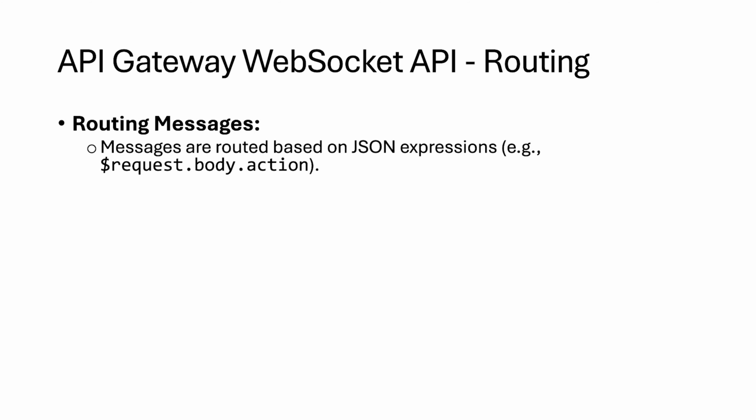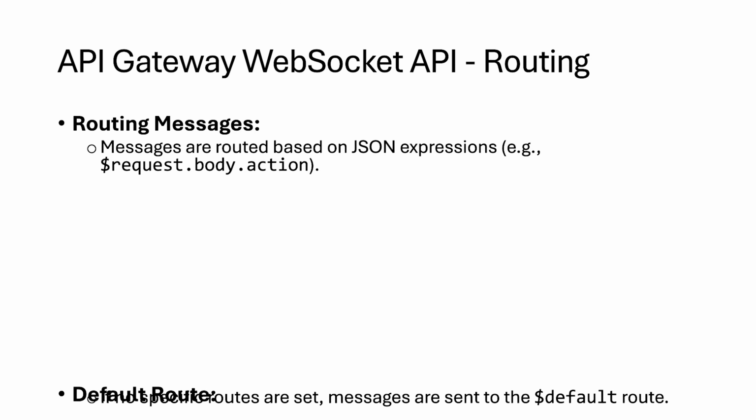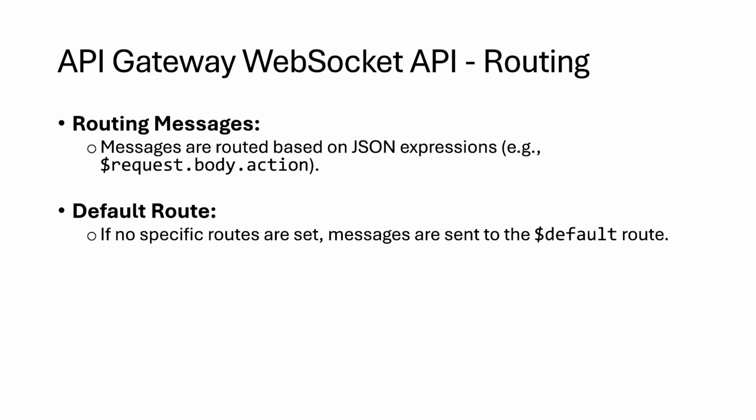Here, in the message, we will have an action, and based on this action, you can route. If there is no action specified, you can simply route to a default route. But if the action has some value, then we will route to that action. And if you don't have any action, then it will go to the default route.